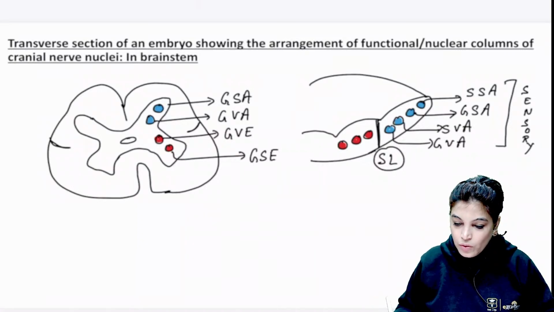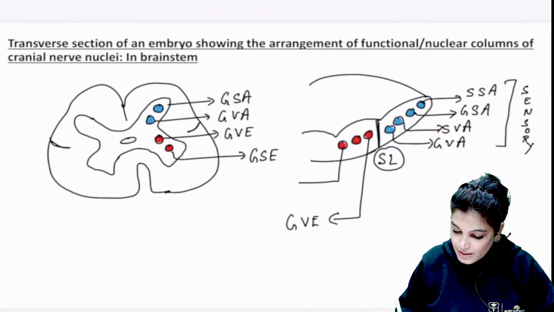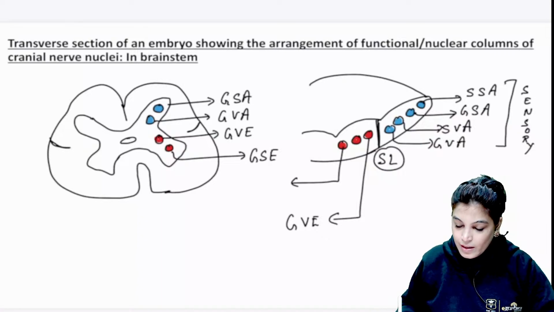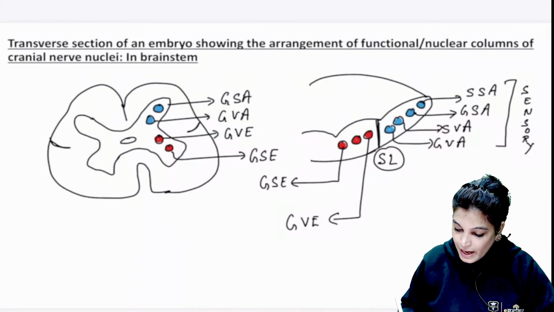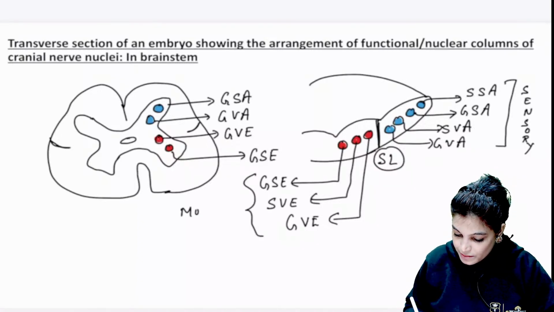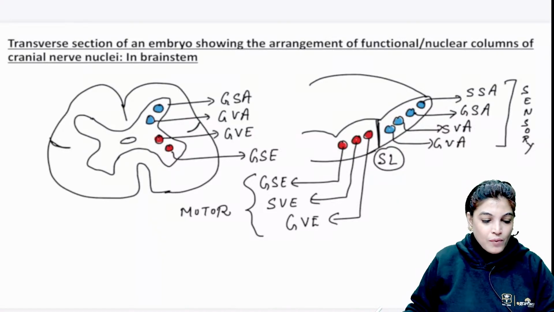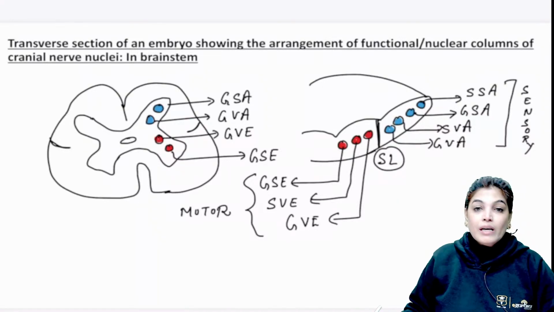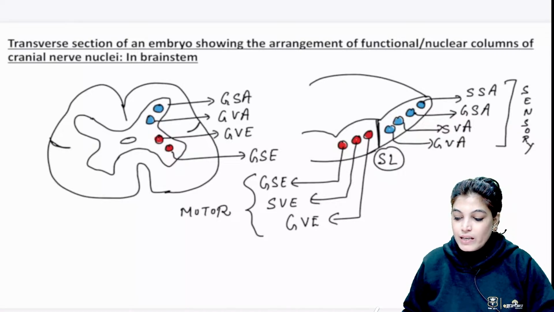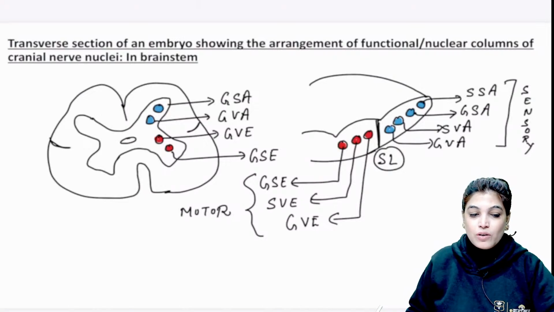As I told you, we have general visceral efferent, general somatic efferent, and in between we have special visceral efferent. So these three are motor. Now it is clear that in total we have 7 functional columns.